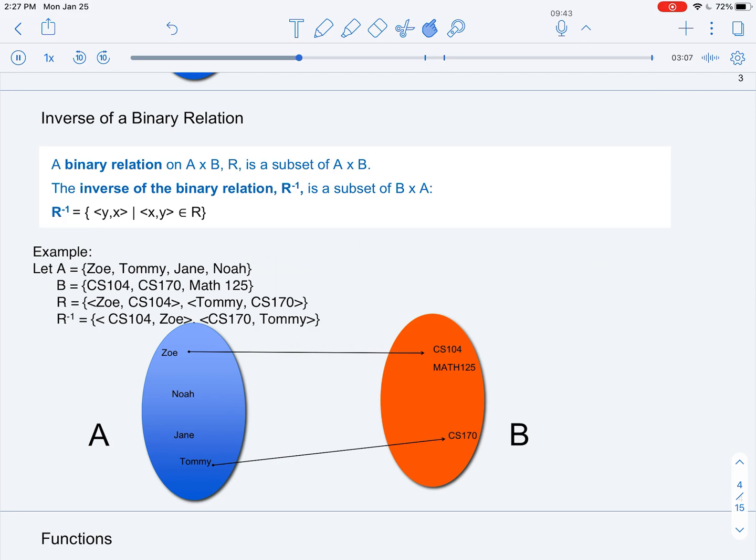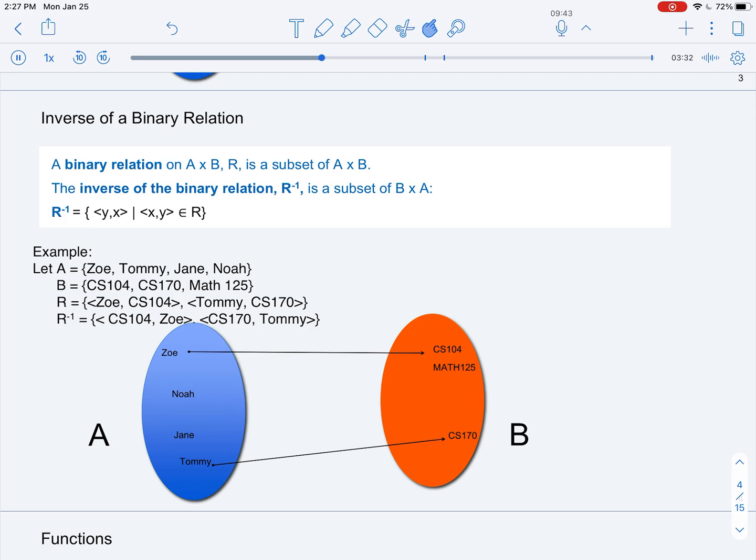So once again, we have our set of students, Zoe, Tommy, Jane, and Noah, and we have our set of courses, 104, 170, and 125. Now here we have a smaller relation where our relation R is just two ordered pairs. So we have Zoe taking 104, so Zoe 104, and Tommy taking 170, so Tommy 170.